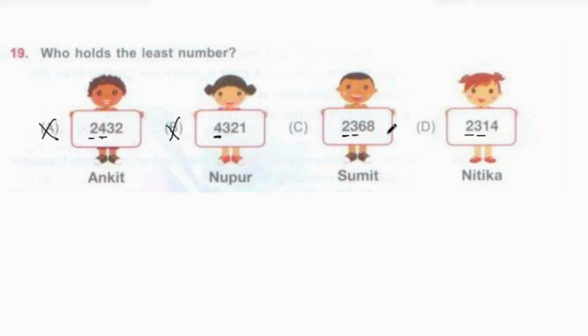Now we will be looking at tens place. Sumit has 6 in the tens place, whereas Nitika has 1 in the tens place, which means we can eliminate Sumit as he has a bigger number. The correct option is option D. This way, we are able to solve this question without even writing a simple number on the paper.